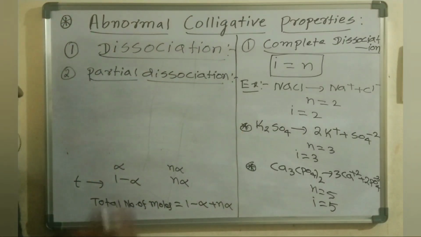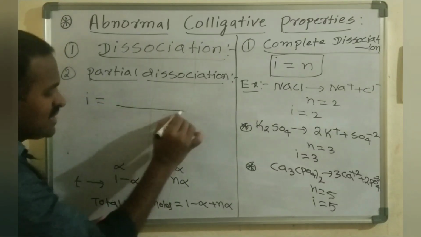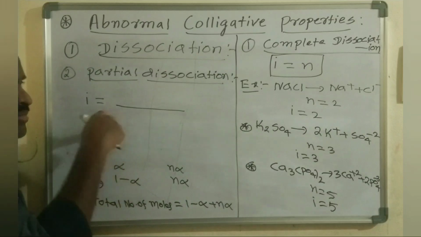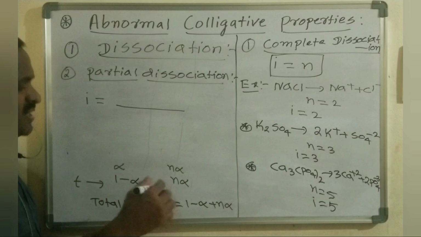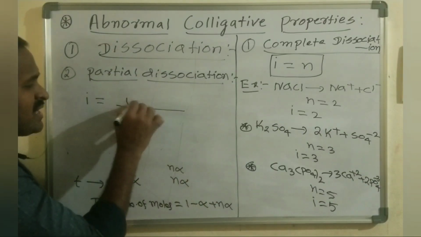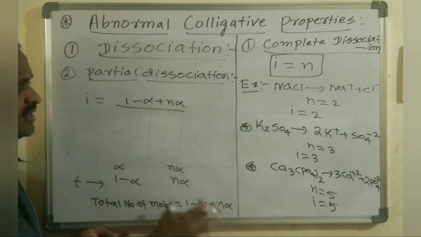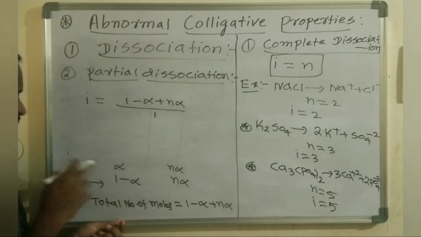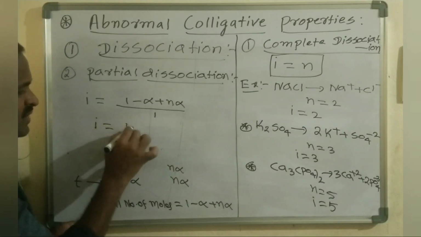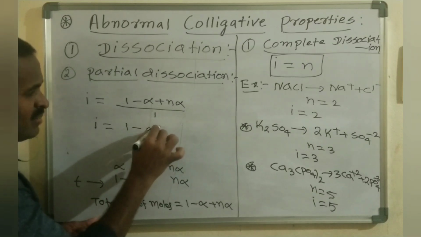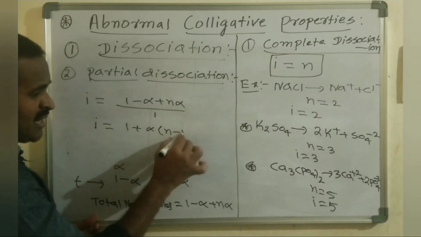The Van't Hoff factor i is the total number of moles of solute particles present after dissociation, 1 minus alpha plus N alpha, divided by the initial 1 mole. So i is equal to 1 plus alpha, taking alpha common, times n minus 1.